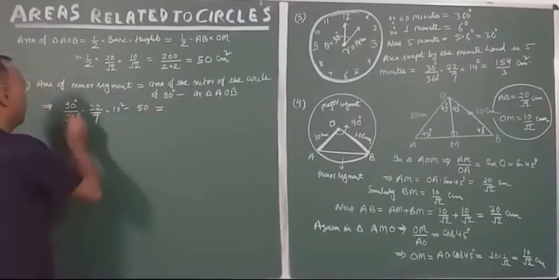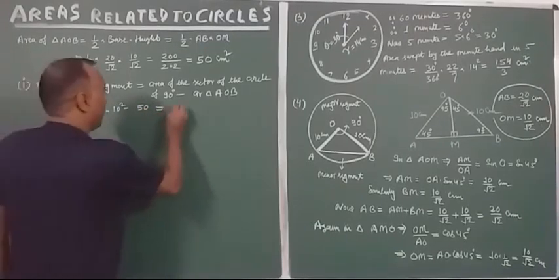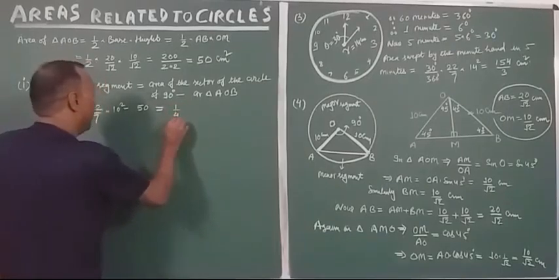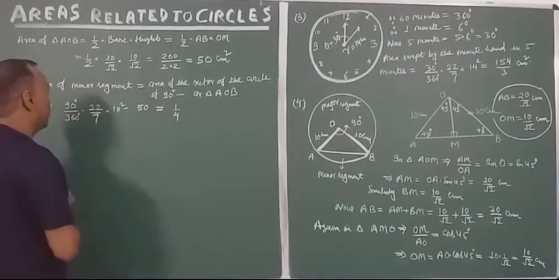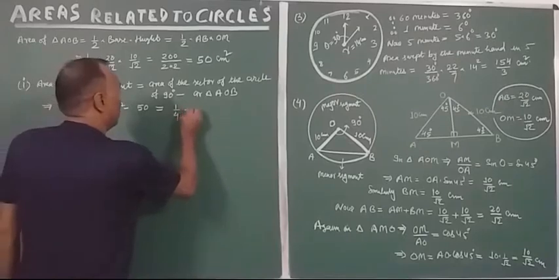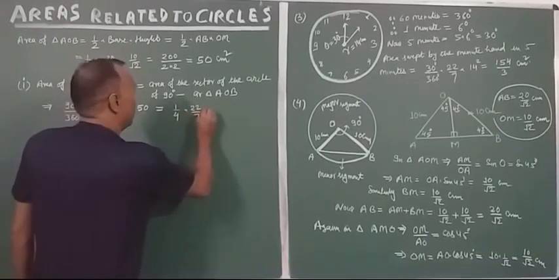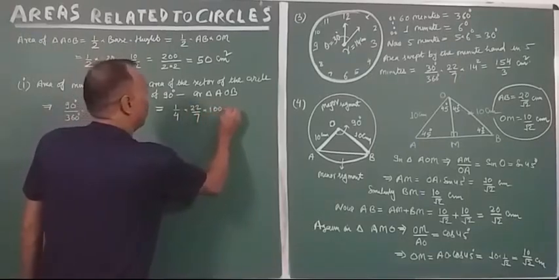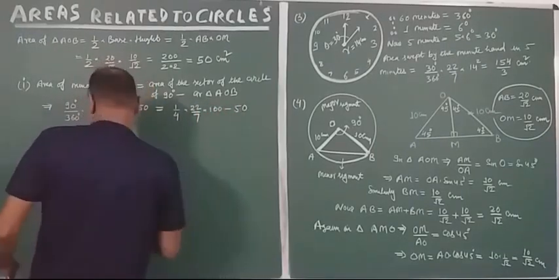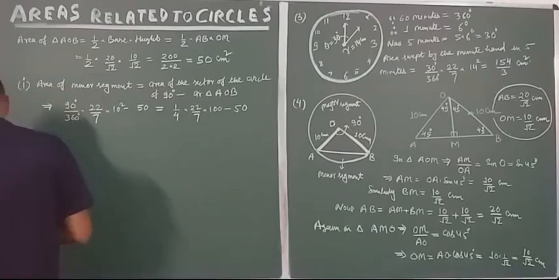Now solve it. 90 upon 360 into pi into 100 minus 50.